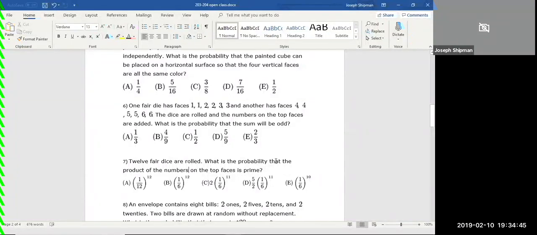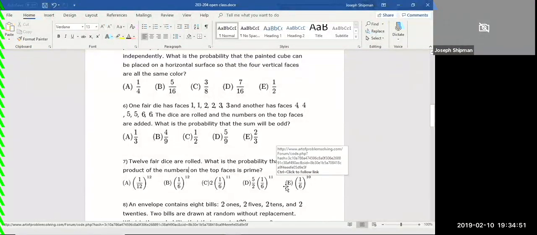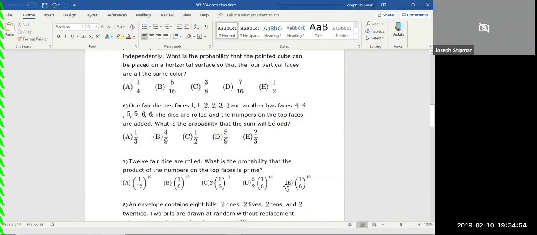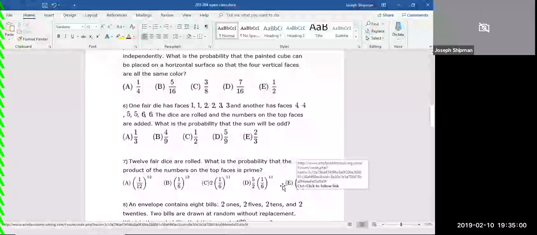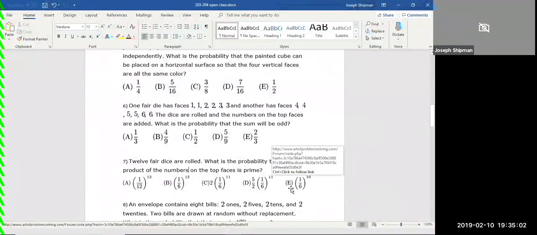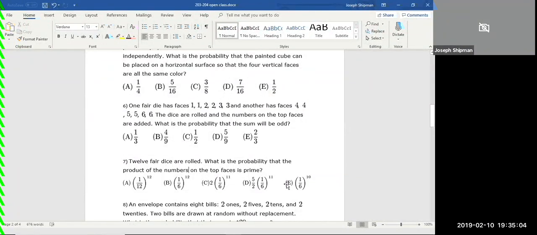So 36, which is 6 to the 2nd, over 6 to the 12th is 1 over 6 to the 10th. So that's choice E. Okay? So the answer is 1 over 6 to the 10th, 36 possibilities out of 6 to the 12th.